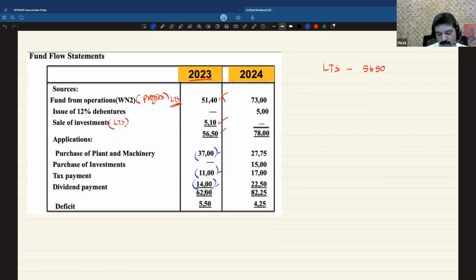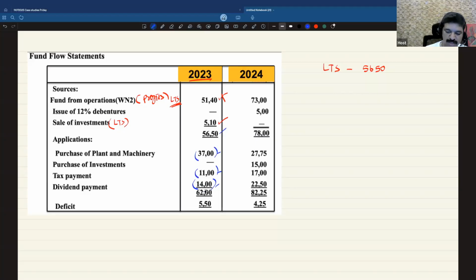If you are going to use this money, where will you use it first? For paying taxes, dividend, or purchasing plant and machinery? Tax is also very important. You cannot escape taxes. You cannot avoid taxes.